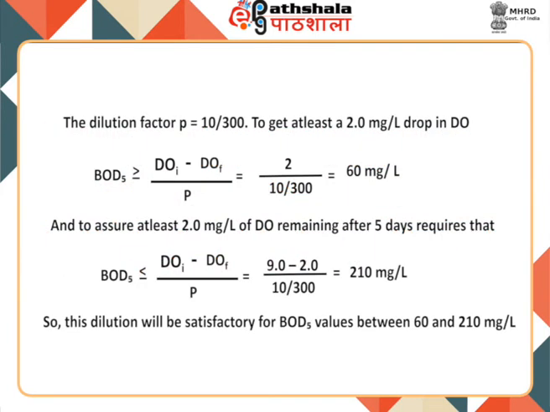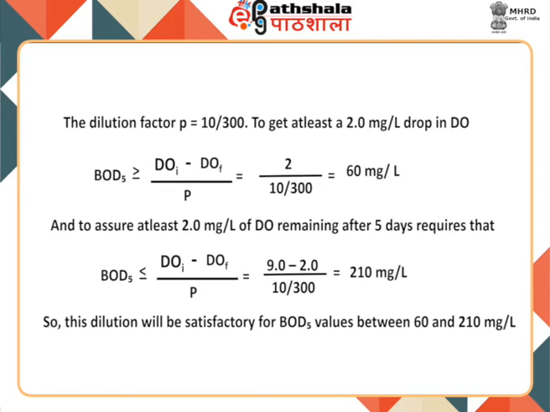Now you can solve this problem. You will first calculate the dilution factor P, which is 10 divided by 300. Now you know you have at least a 2 mg per liter drop in DO. So BOD5 should be greater than or equal to DOI minus DOF, which is 2, divided by the dilution factor, which gives you 60 mg per liter.